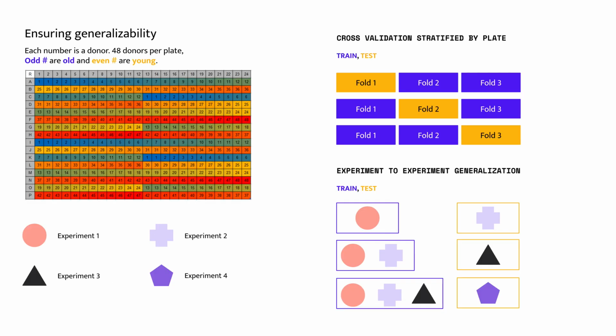We had to account for batch effects and technical artifacts biasing our aging results. The key to overcoming these biases was specifically accounting for them in an experimental design which evenly distributed the young and the old donors across a plate.